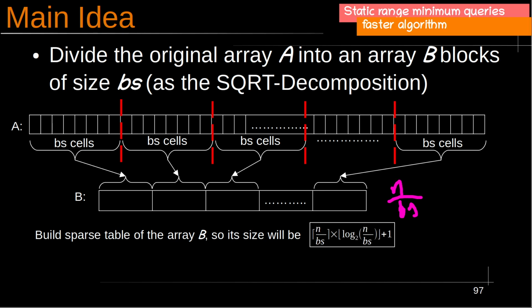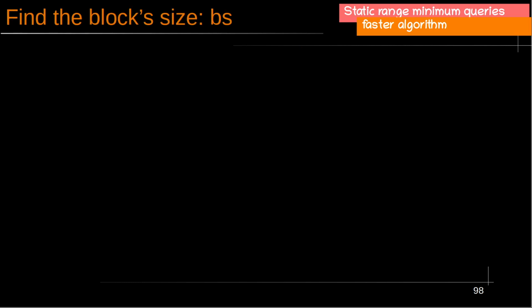So the sparse table on B will be of size n over BS times log base 2 of n over BS plus 1. So we have to find this BS. To find this BS, you can tell me we have our gn from the last video, or the last slide, and just make gn equal to n.